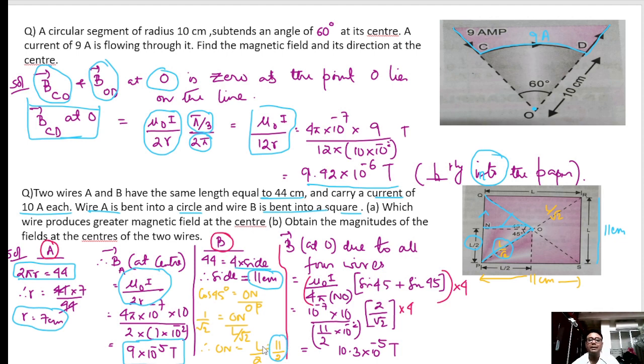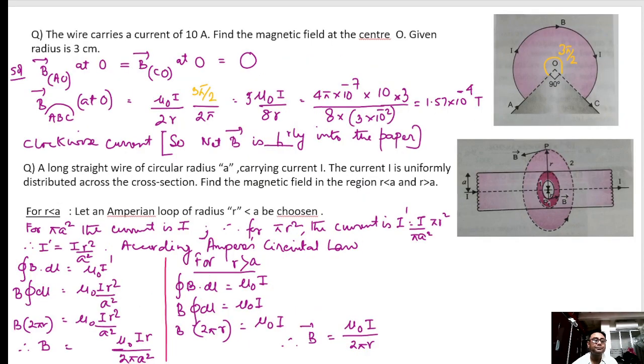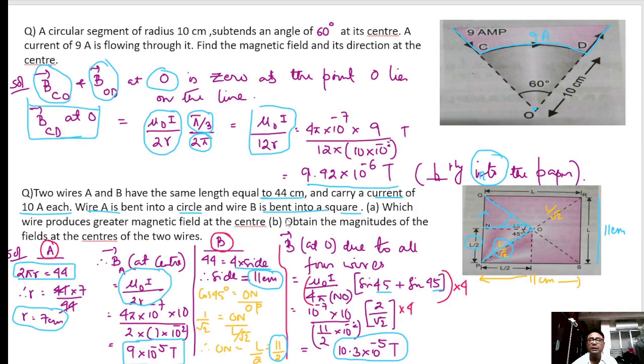So the formula is mu 0 I by 4 pi On into sin 45 plus sin 45. This is the magnetic field due to a single wire. So the magnetic field due to the 4 wires will be 4 times of this, which will come out to be this.